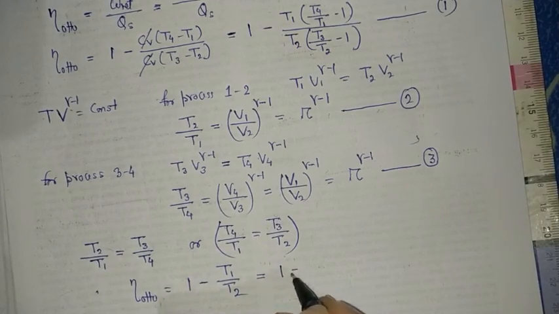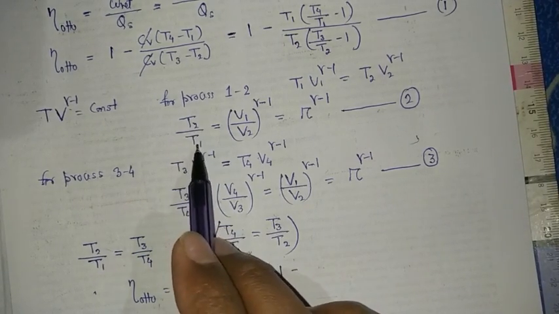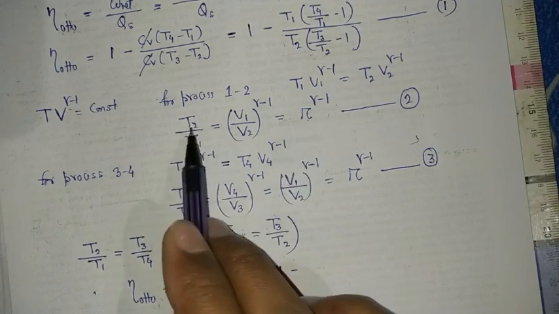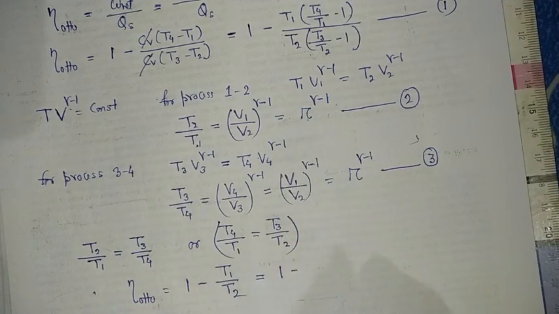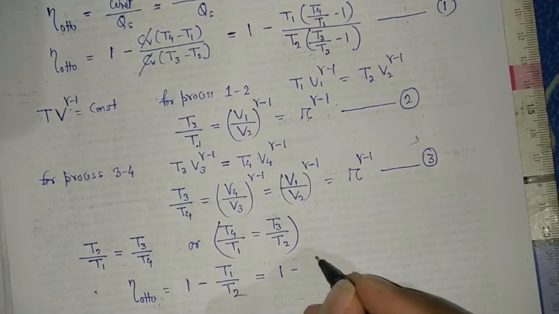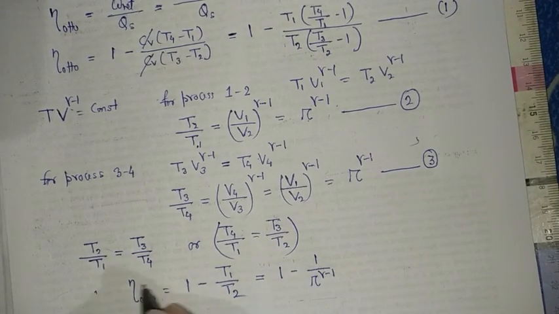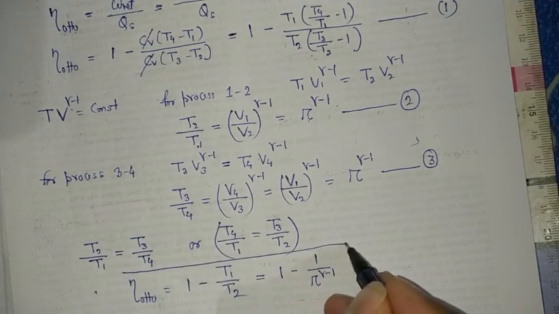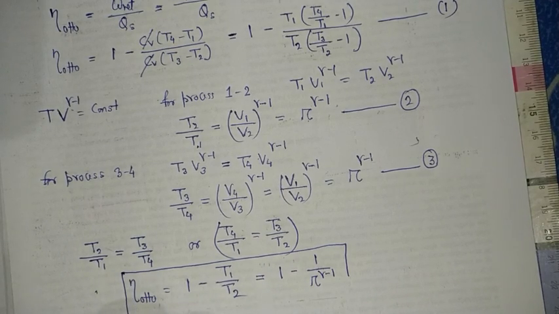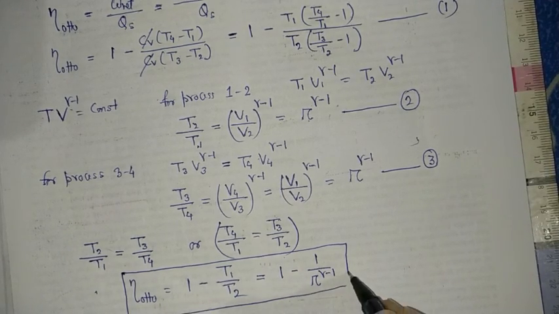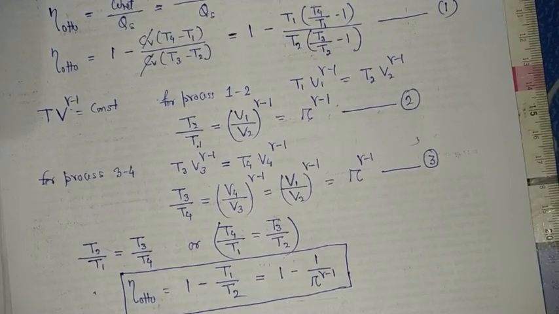Okay, now we know that T2 by T1 is equal to R to the power gamma minus 1. So T1 by T2 will be 1 upon R to the power gamma minus 1. So we can write 1 over R to the power gamma minus 1. So this is the efficiency of the Otto cycle. Okay.